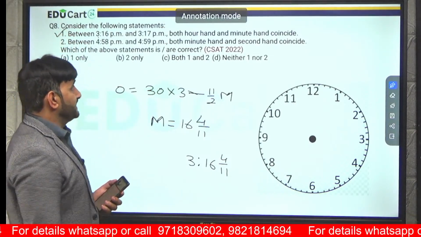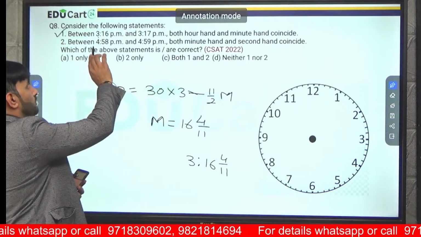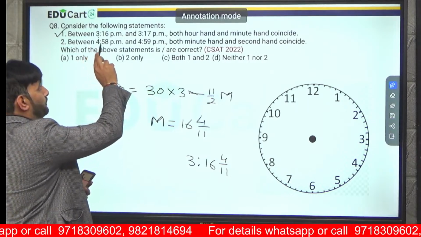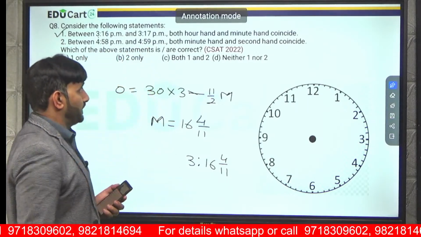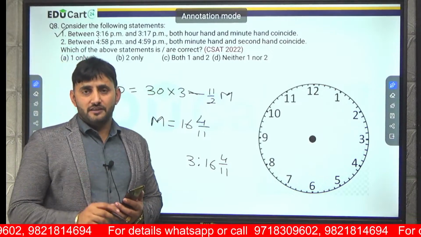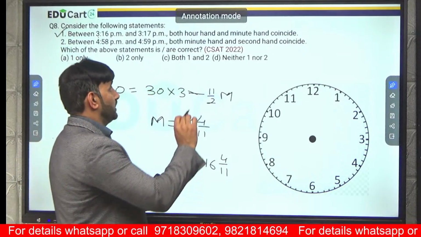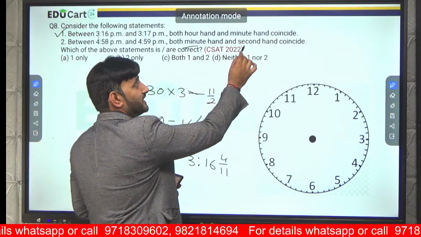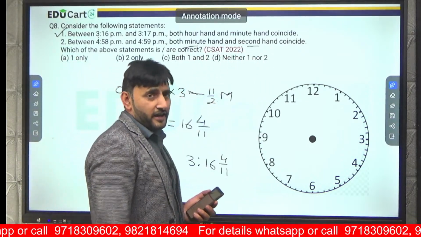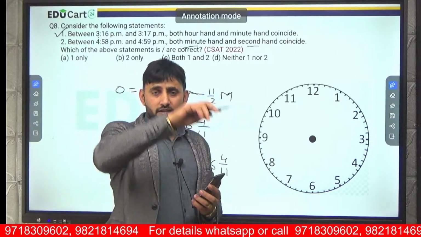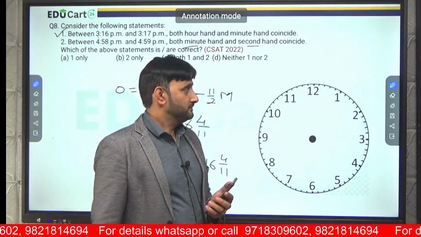What about the second statement? The second statement says between 4:58 and 4:59. In this case, many students give a wrong answer. Here they are asking about the minute hand and the second hand. Can I say the second hand will overtake the minute hand every minute?